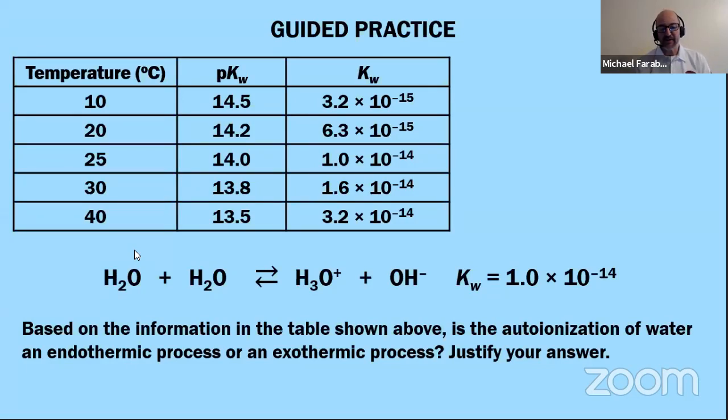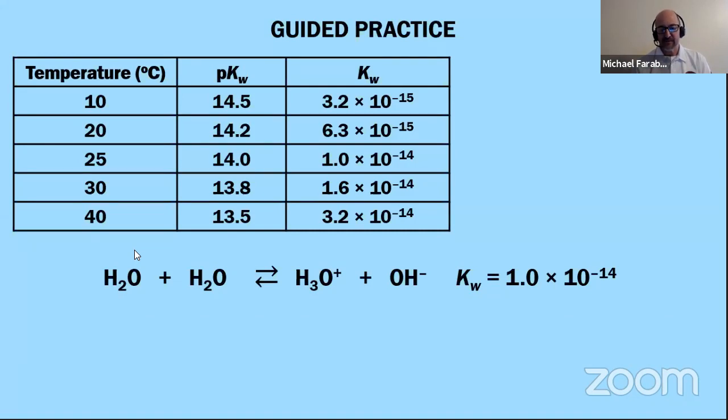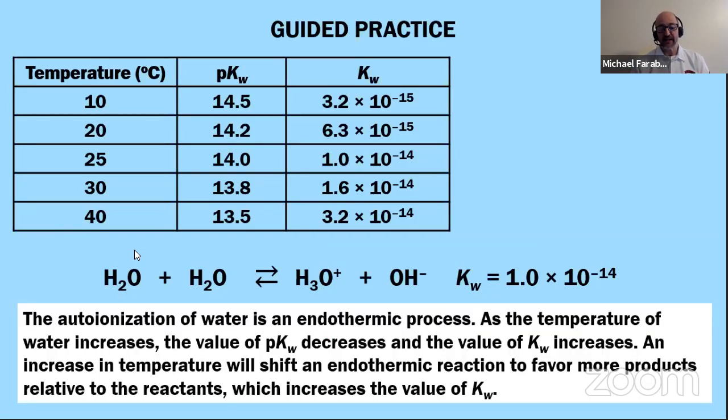So it says, based on this information, is the autoionization of water an endothermic or an exothermic process? Justify your answer. So what I would hope you would recognize once you realize how to do this math is that when an equilibrium constant increases with increasing temperature, that results in a shift according to Le Chatelier's principle.